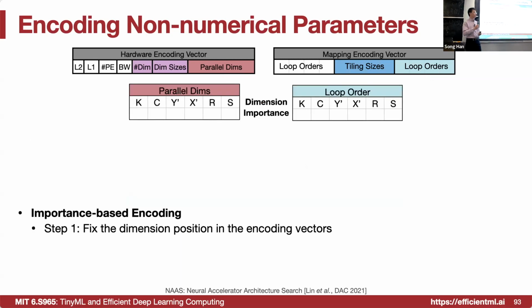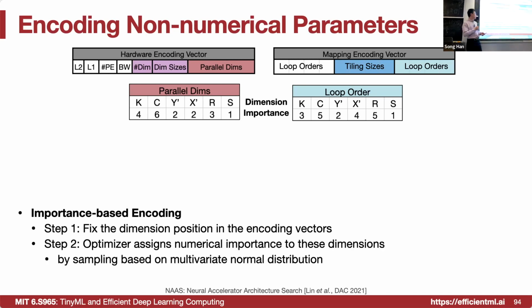So another approach is to actually learn the importance of different parallel dimensions. For example, we can fix the position in the encoding vector, for the parallel dimension and also for the loop order. We just want to learn the order. Then we can assign a numerical importance and do evolution or some search on top of that.